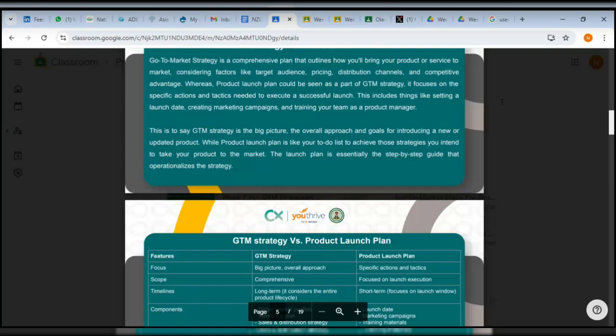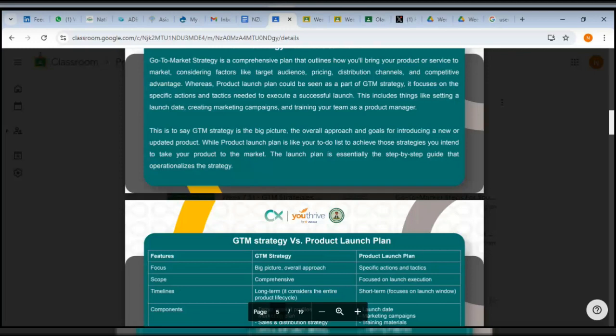Okay. So what it's saying here is that go-to-market strategy and product launch plan work hand in hand, but there is a difference in the sense that your launch plan takes whatever your product strategy or market strategy is and turns it into operations that you have to carry out before you are able to launch, basically.